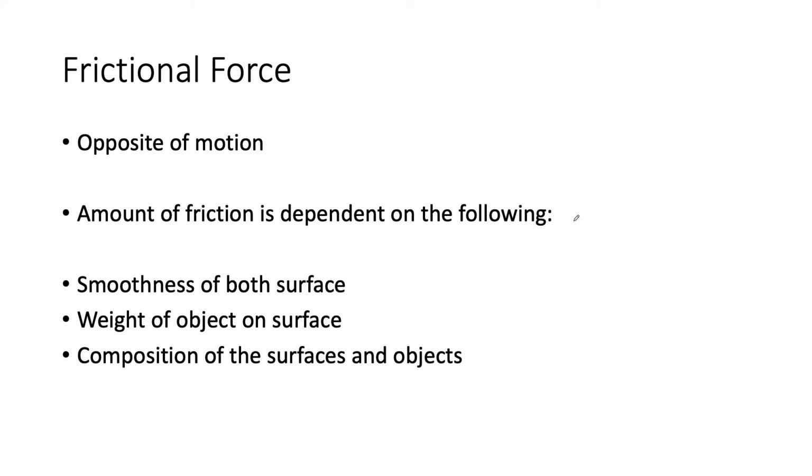Because now we have frictional force. It's actually opposite of motion. So if we've got an object again on the table, and I'm pulling this way, friction is in the opposite direction. And the amount of friction is going to depend on the following.